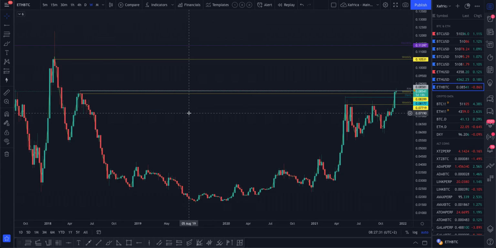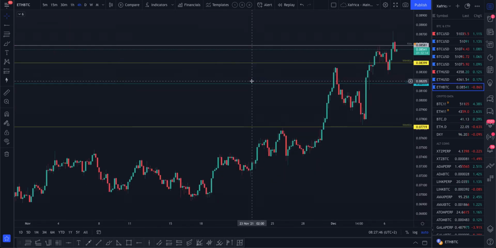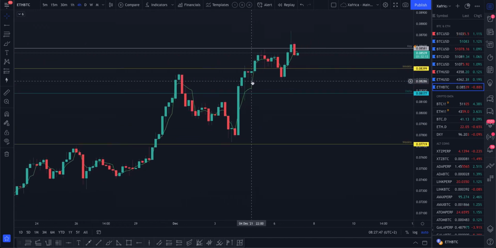You can see my alert is set on that key level, so we broke the yellow. The prediction was once we break this weekly yellow level, we might be able to run up, but that wasn't as straightforward. And that key level seemed to be quite significant.